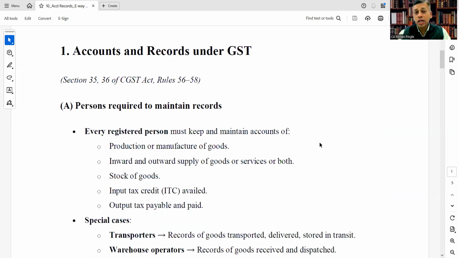Accounts and records under GST. Relevant sections are sections 35 and 36 of the CGST Act, and relevant rules are rules 56 to 58.